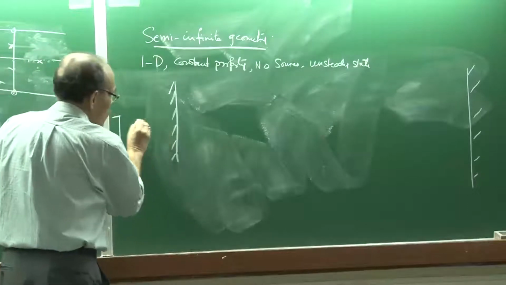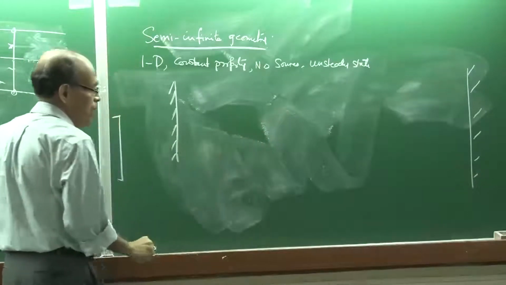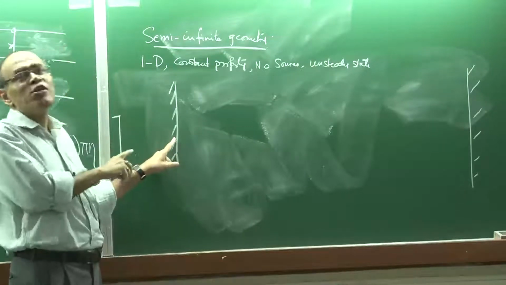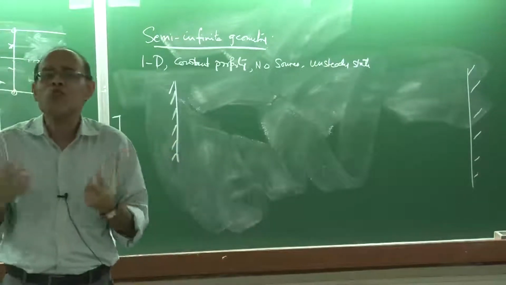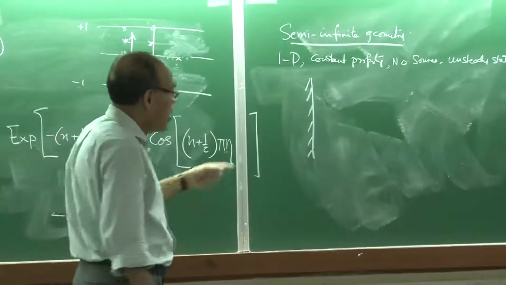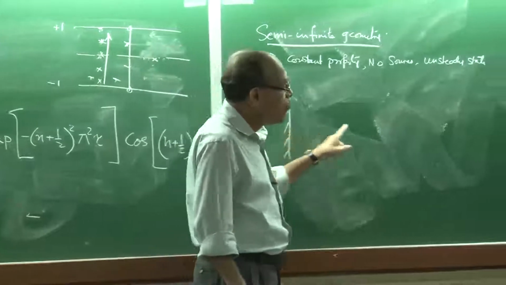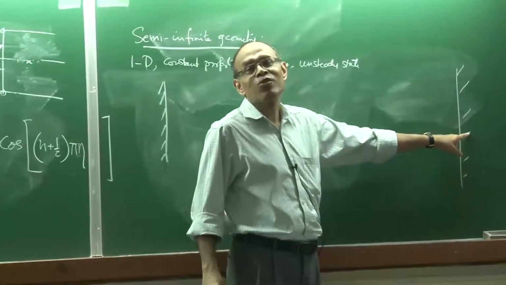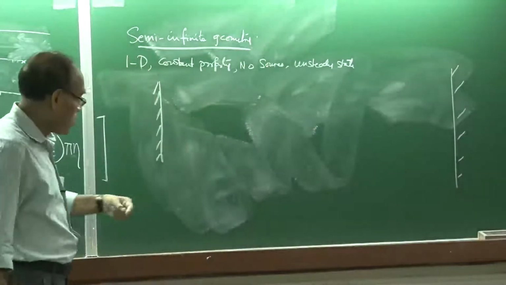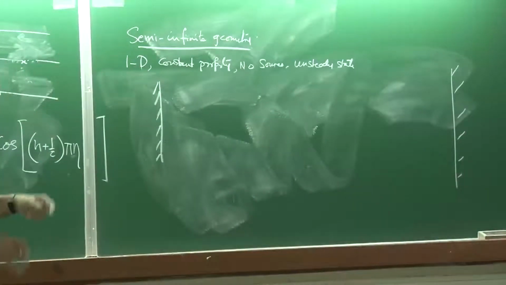So, the carbon from the surrounding enters the slab. Now, because the diffusivity of carbon in solid steel is so low, of the order of 10 to the power minus 10 meter square per second, carbon will take maybe more than 8 months to reach this particular surface by diffusion from this end, or maybe even longer. You have to do a calculation, and that kind of calculation we will do.